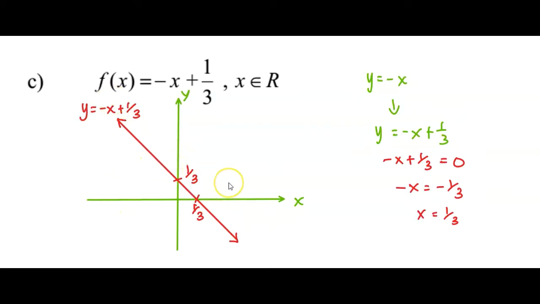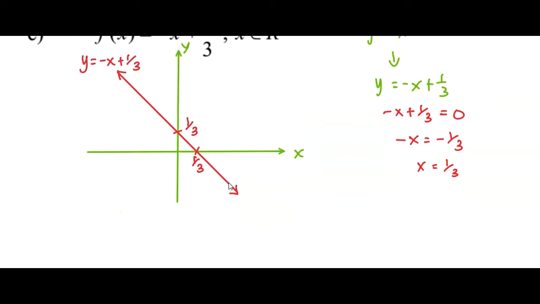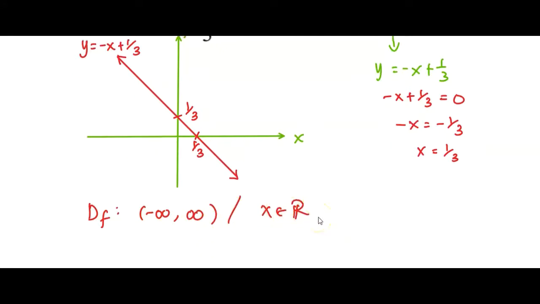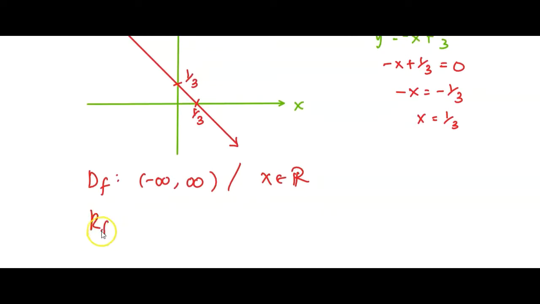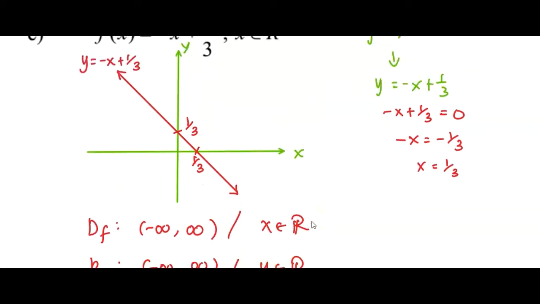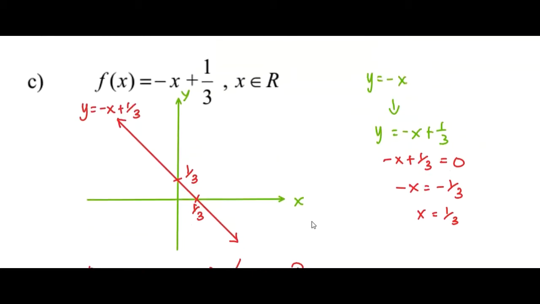Since the question did not restrict the domain, the domain for the function is negative infinity to positive infinity, or you may write in set form, x is all the real numbers, and the range is also from negative infinity to infinity, or you say that y is all the real numbers. So the method is just the same as the first example just now.